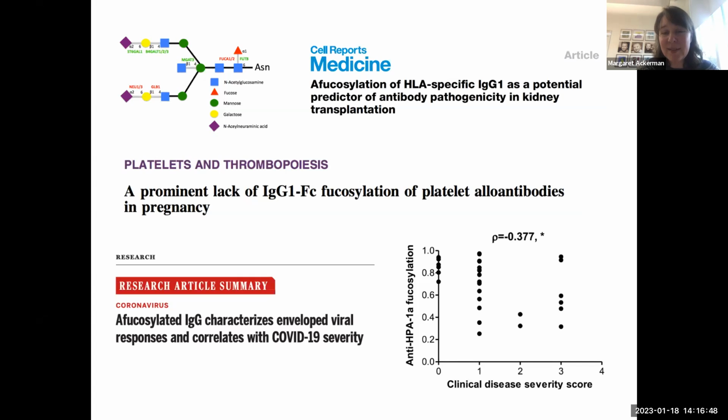And you can see that the presence or absence of that fucose has been reported to impact things as diverse as antibody-mediated organ transplant rejection, responses to and severity of COVID-19 illness. And my favorite example, because I've had enough little people in my life to raise an anti-red blood cell antibody response myself, presence or absence of that fucose can influence the severity of anti-allotype, anti-fetal antibody responses.